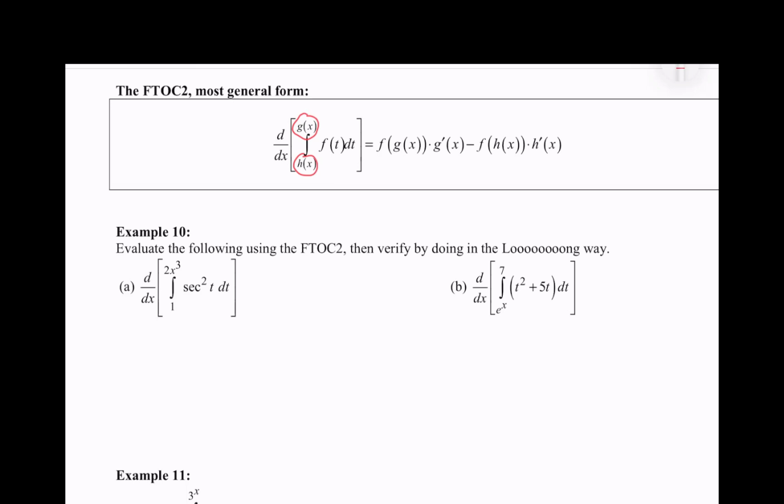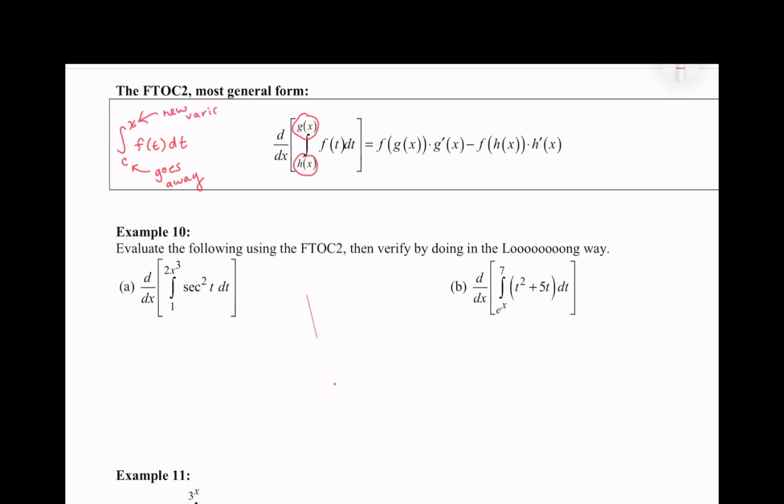So in the previous problems that we did, it always looked something like this, where it was just some constant to x of f of t dt. And so we would talk about, oh, since this is a constant, we just get a number and this goes away. And then the x becomes the new variable.